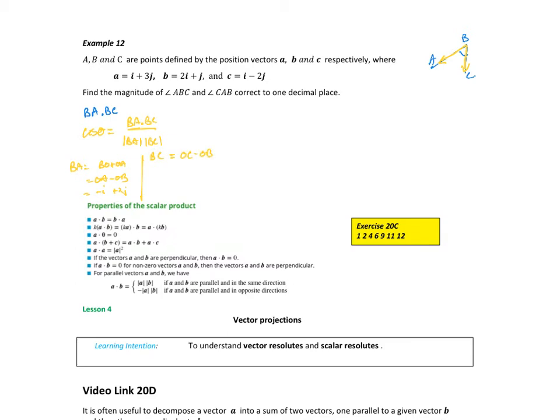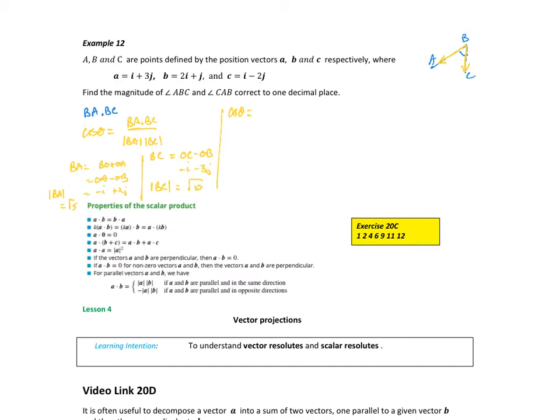So it's 1 minus 2, which is minus I, minus 2 minus 1, which is minus 3j. Magnitude of BC is equal to square root of 1 squared plus 3 squared, which is root 10. And the magnitude of BA is equal to square root of 1 squared plus 2 squared, which is root 5.